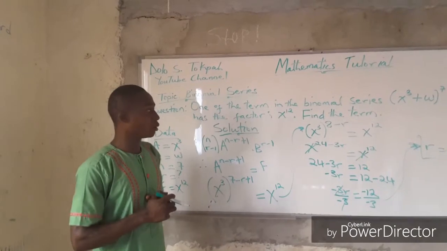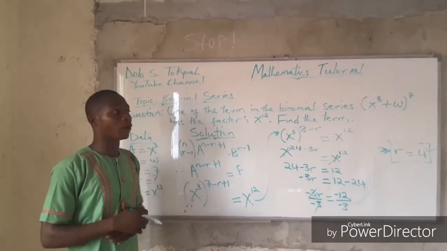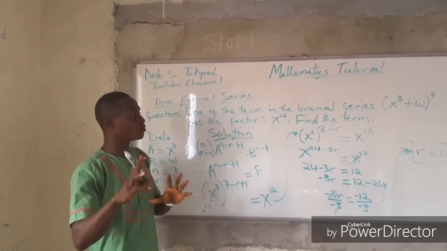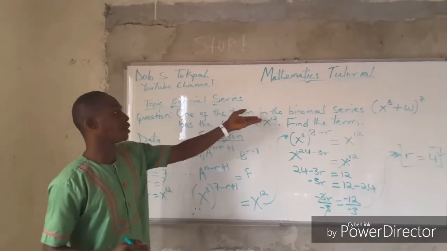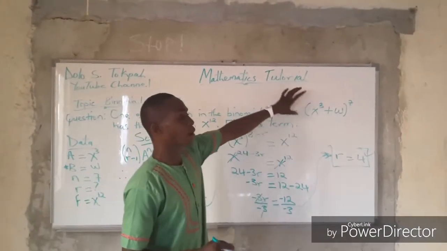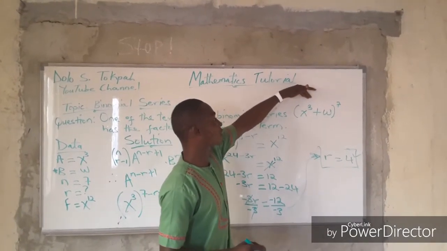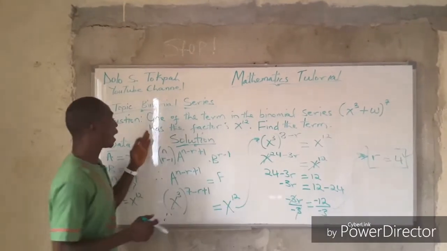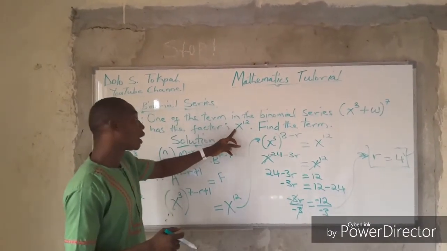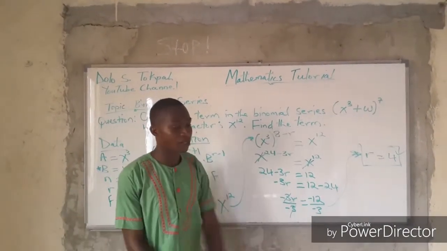This is our answer, positive 4. We have already found our arrow, because we have to restrict our problem with respect to the question that they asked. The question is, one of the terms in the binomial series, parenthesis open, x cubed plus arrow, all to the 7th power, has the factor x to the 12th power, and then we should find the term.